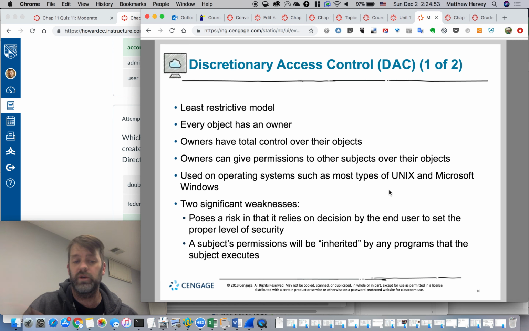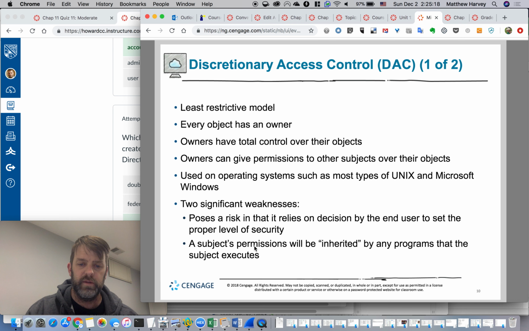But the owner, they're just an accounting guy, right? They may not realize that you can give more specific access. So they may just give complete access rather than saying, well, we're going to give you access only to read this, which may be preferable.